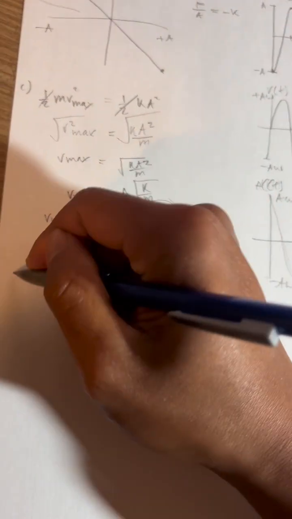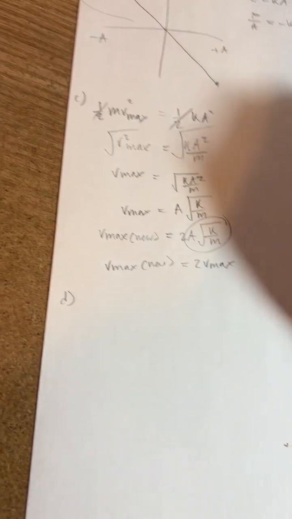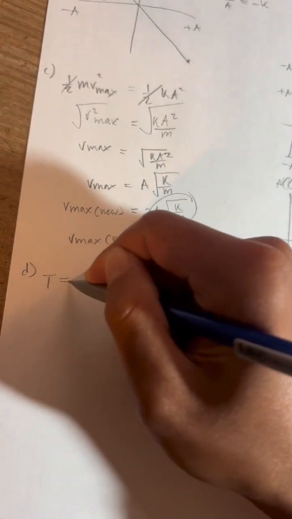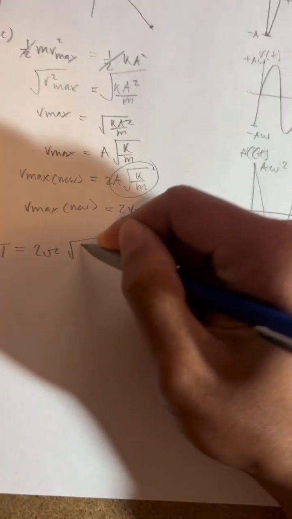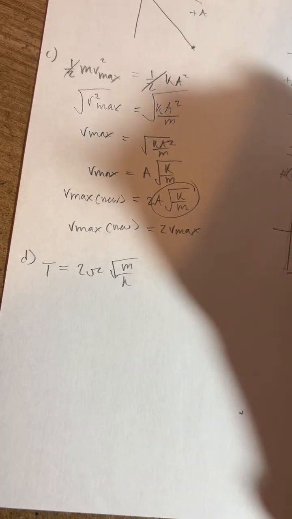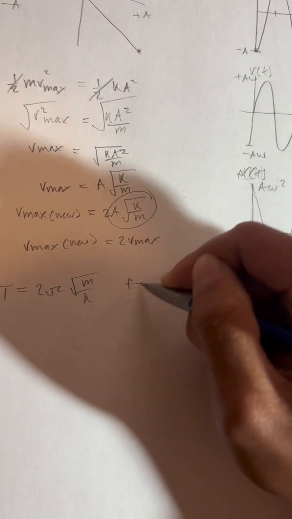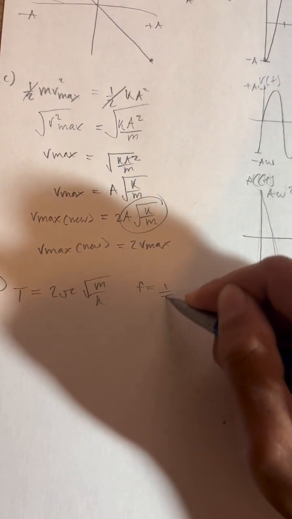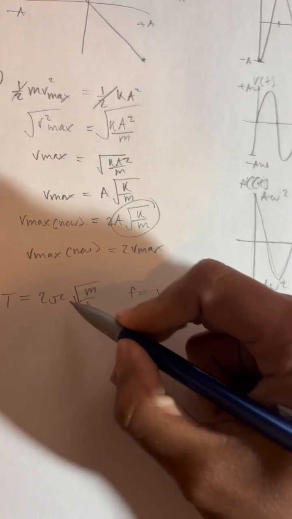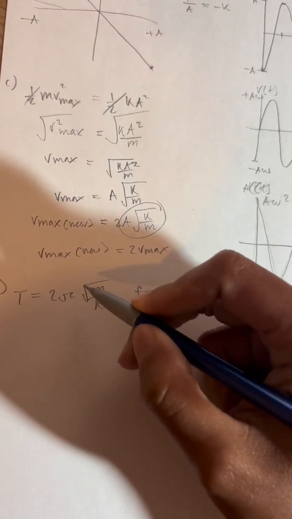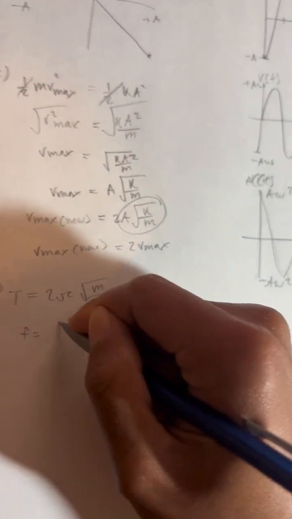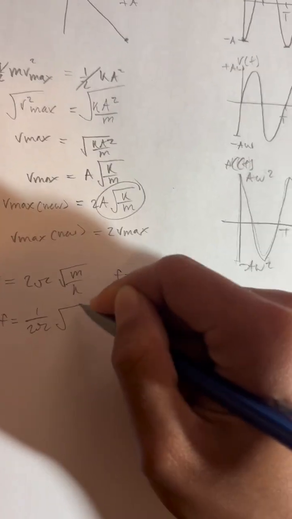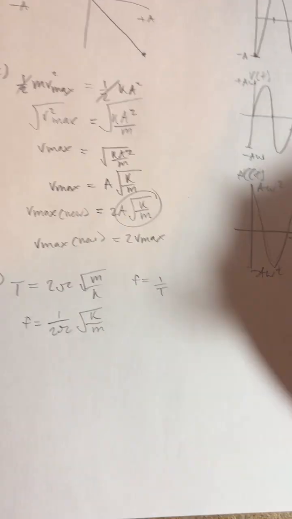All right, so for part D, this student is talking about the frequency now. And if we remember that T is equal to 2 pi radical m over k, and then f, or frequency, is literally just 1 over T, then for frequency, we literally just have to flip it over. So f is equal to 1 over 2 pi, and then radical k over m.